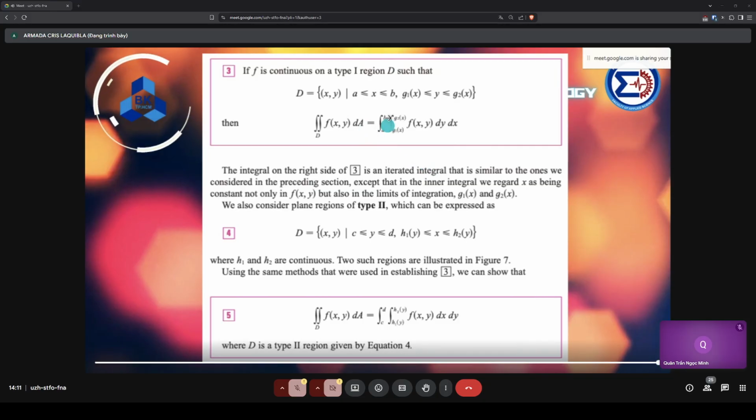Now, what if you interchange this? You have the integral of a to b first, then g1, g2, then you interchange also dy and dx. Class, if you interchange those integrals, what will happen is, in your final answer, it is not a number anymore, which contradicts our volume, because the volume must be a number.